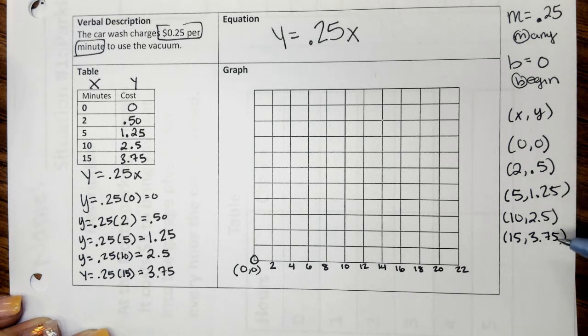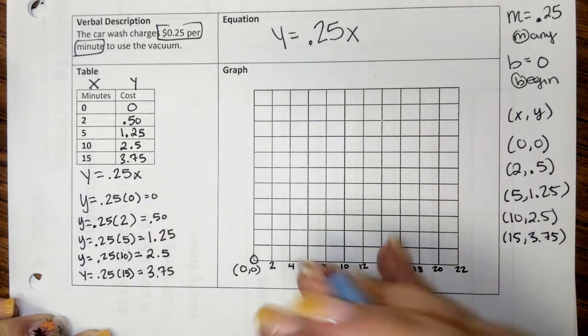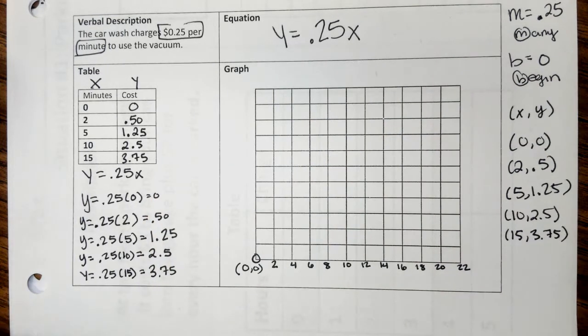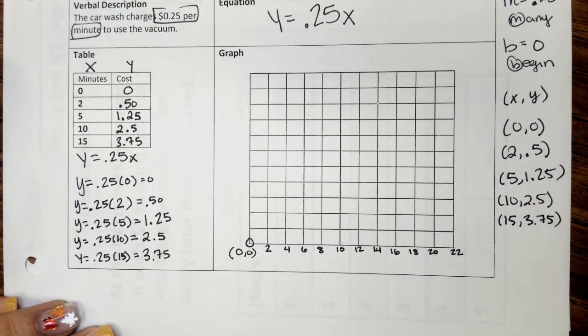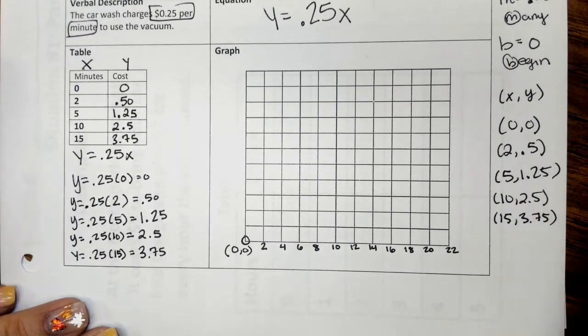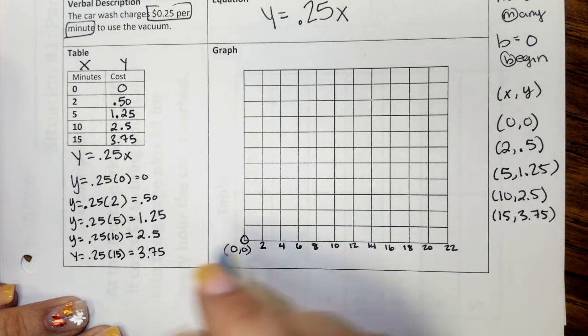My y-axis needs to get up to at least 3.75. So let's count by something smaller than ones. Let's count by halves. If I count by halves, that'll make this more spread out, and it'll make the picture look better. But also, let's stretch our brains a little and count by something other than ones.